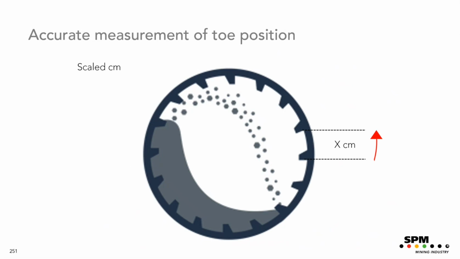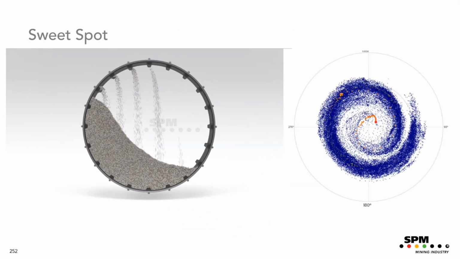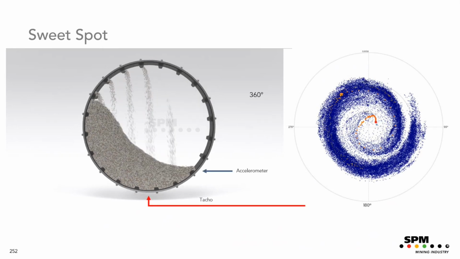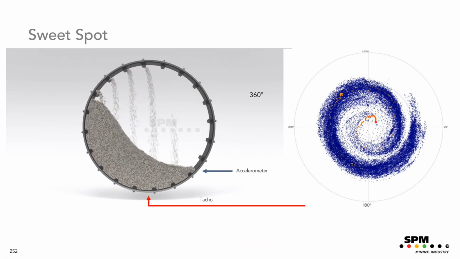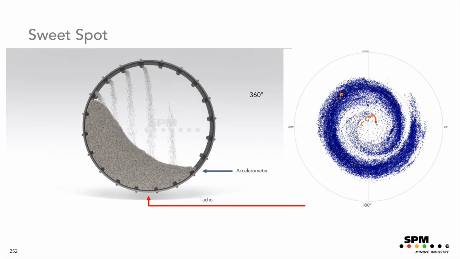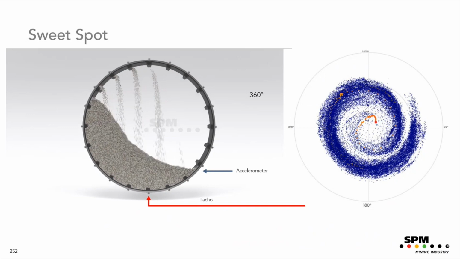We have very accurate measuring results of the toe position. It's scaled in centimeters, so it's very accurate. And the aim of this toe position measurement is to find a sweet spot where the mill operates at its optimum performance.